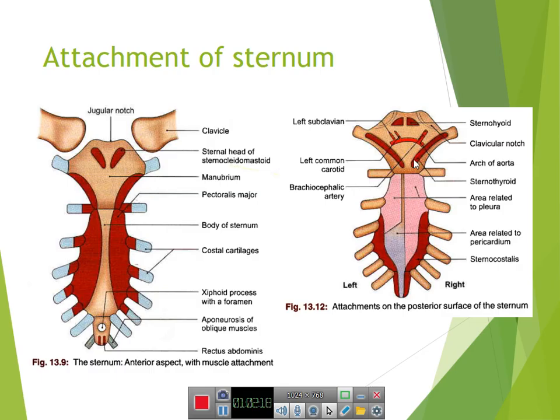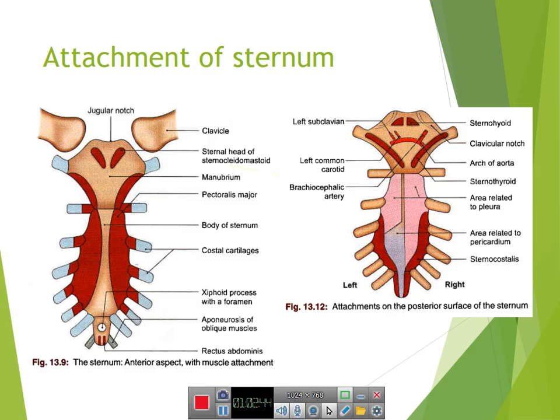Here is the sternothyroid, and here is the sternohyoid. The lower half of this surface, the posterior surface of the manubrium, is related to the arch of the aorta. As you can see, here is the arch of the aorta.